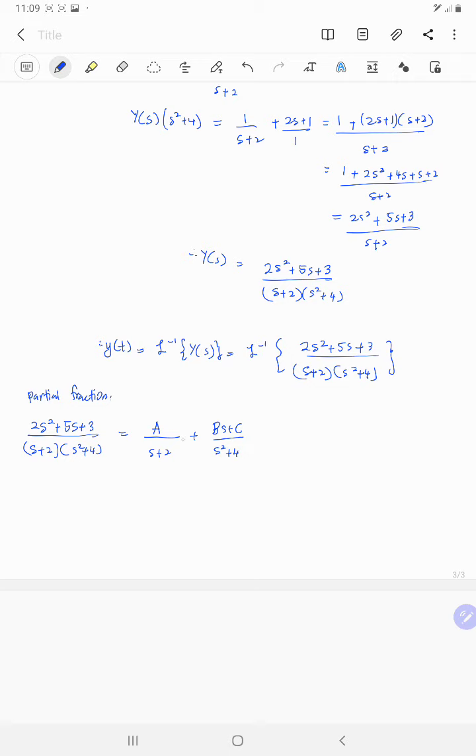Now we equate, cross multiply, so you get A(s squared plus 4) plus (Bs plus C)(s plus 2). Now at the bottom are similar, so that means we can equate at the top also.